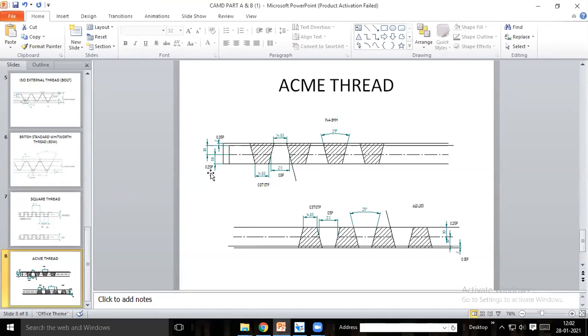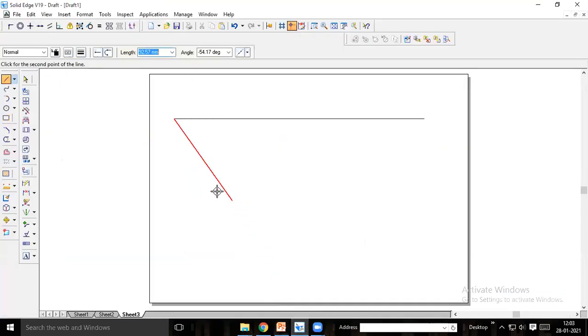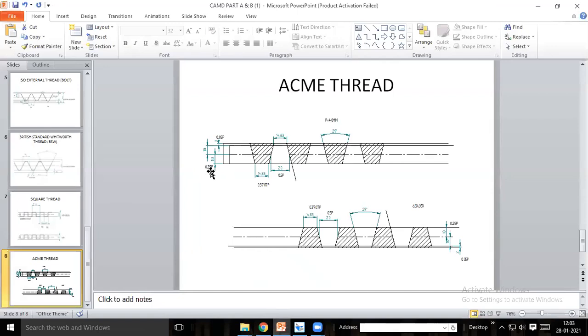Okay, so this is 0.25 P, and 0.25 P plus 0.05 P you have to take. Here the total is 0.25 plus 0.25 plus 0.05, which is nothing but 0.55 P. This is 0.25, this is also 0.25. 0.25 plus 0.25 is 0.5, 0.5 plus 0.05 is 0.55.